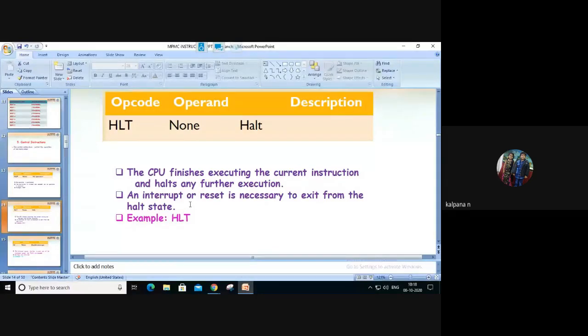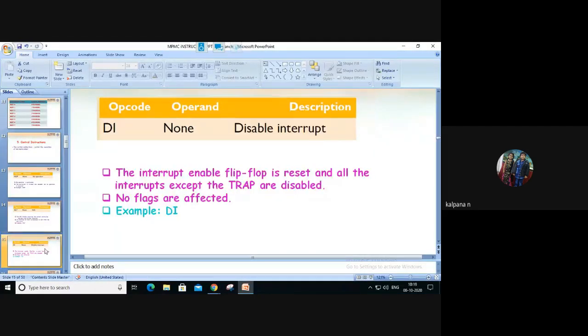Halt is also for stopping. The CPU finishes executing the current instruction and halts any further instruction. If we have given halt in the middle, then after execution of the halt, the processor will stop the execution of the instructions. Halt is also one of the control instructions. DI: now the interrupt is enabled, the processor is executing, the interrupt is finished, and now we want to disable those interrupts.